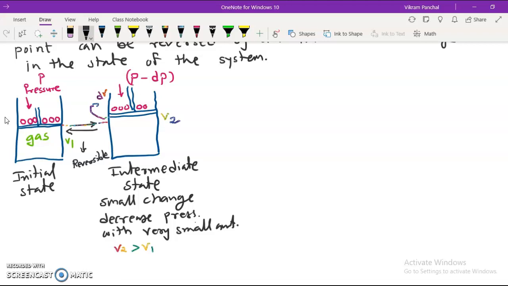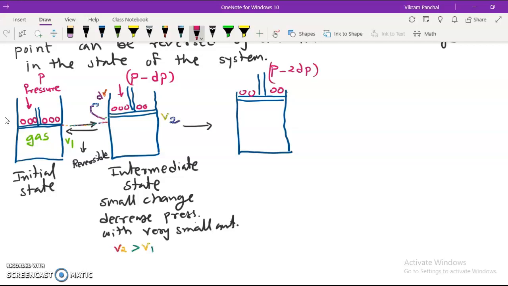Now, further change could be like that. Again, one more pebble is removed from here. So pressure again decreased, and now instead of 5 we have only 4 pebbles. One more time pressure decreases, so the pressure will be P minus 2 dP, and volume would be V3, which is again greater than V2.